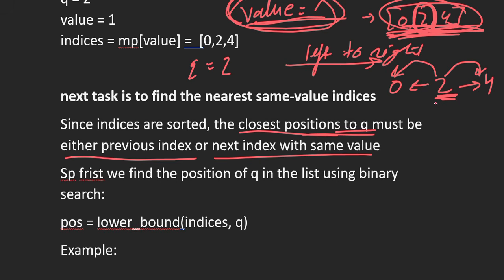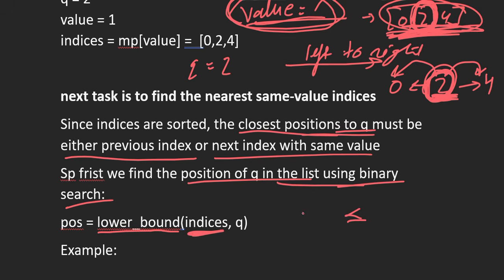And now see how we will find this q in the list, right? For that we'll be using binary search. To find the position of q in the list, we'll be using binary search. So we call position and lower bound. Lower bound will return the index where the value is greater than or equal to q.